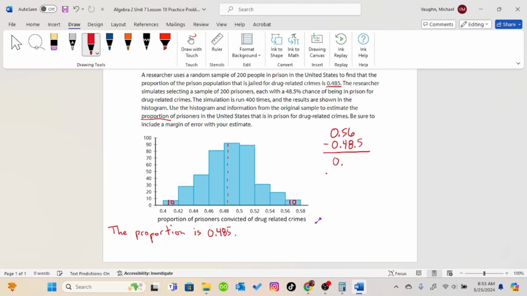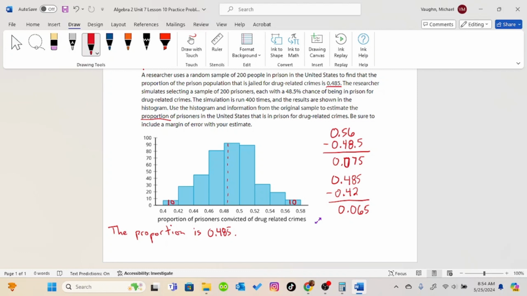So this would be about 0.075. In the other direction, we're looking at 0.42. So this would be about 0.065.